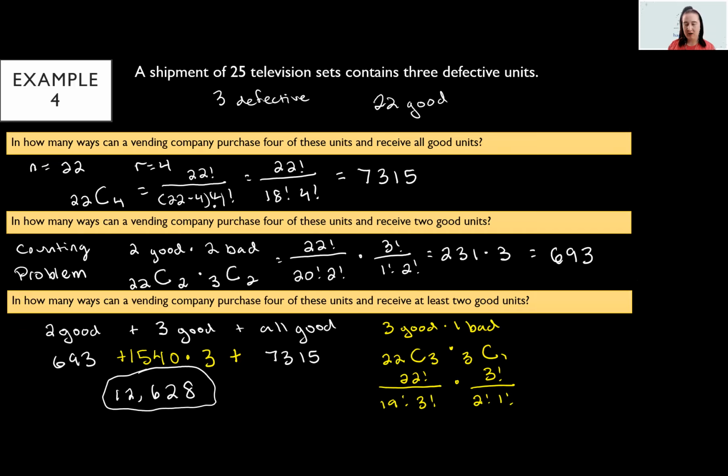The only other way, which goes back to something you'll learn with probability, is that if you found out how many ways you could get 0 or 1, you could subtract those from the total ways to pick 25. But I don't know if that's going to be any easier than doing it this way, where you've got the number of 2 plus the number of 3 plus the number of 4.